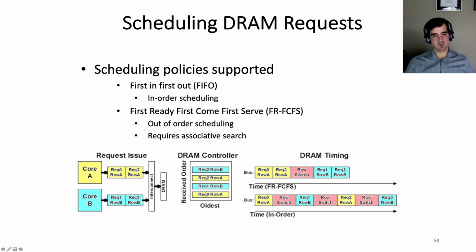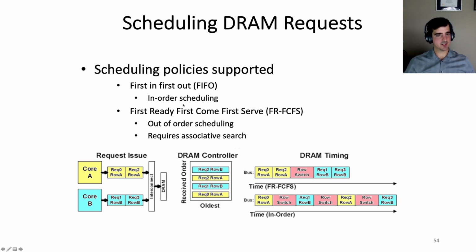And what's going to happen is you pick this request, it'll transfer over to the DRAM, and it'll end up in the DRAM memory controller. You'll do the next request, it'll end up in the DRAM memory controller. The next request from here, the next request from here, and so on. And then what you end up with is this ping-ponging effect between row A and row B in the requests seen by the DRAM controller.